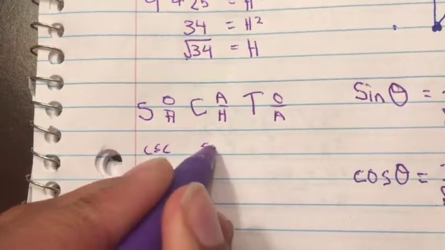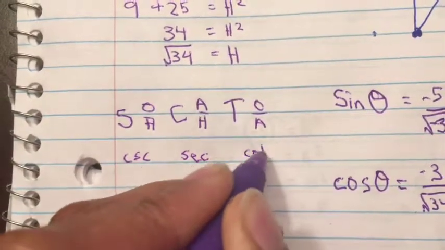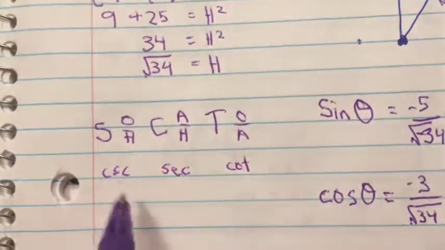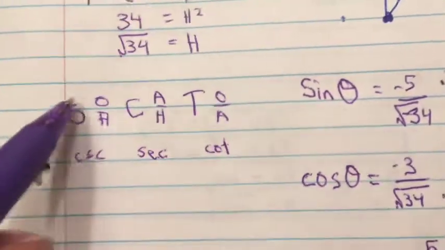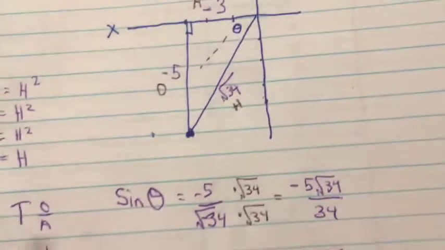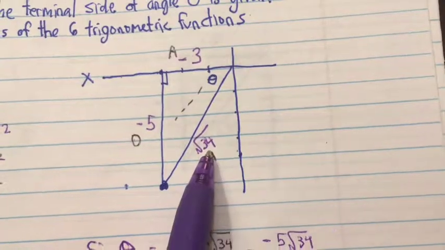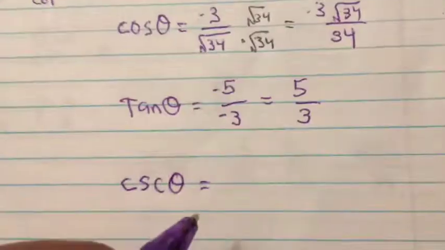When we flip cosine, we'll have the secant. And when we flip tangent, we'll have the cotangent. So instead of being O over H, this is now going to be H over O. So H over O is square root of 34 over -5.